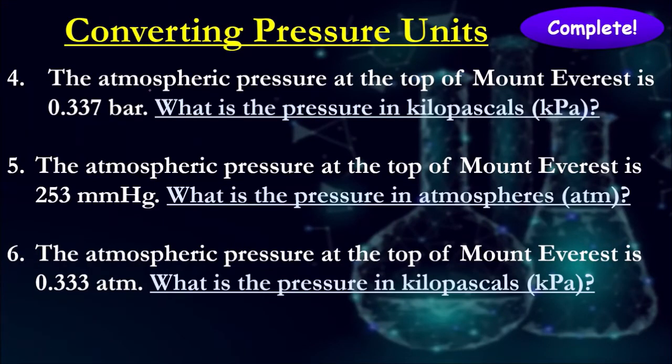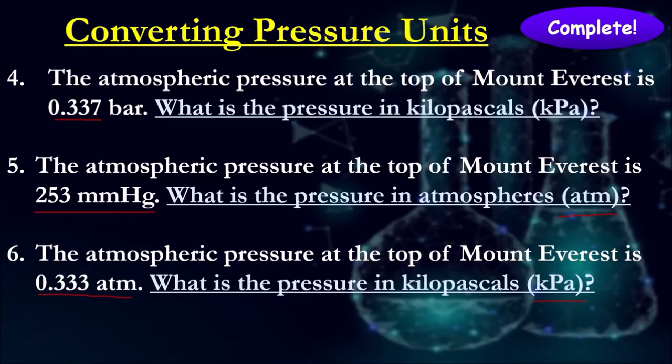So number 4, you have 0.337 bars. Convert that into kilopascals. Next one you have is 253 mm mercury, so it's just a measure of mercury. What's the pressure of the atmosphere in terms of ATM? Last one, you have the atmospheric pressure in ATMs.